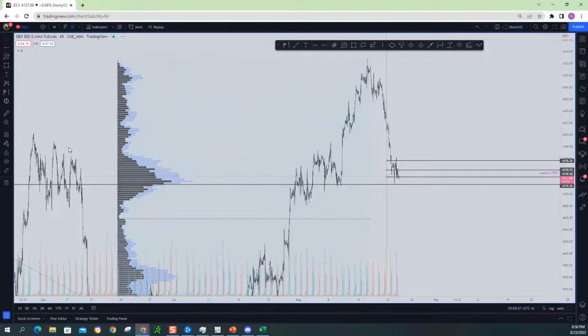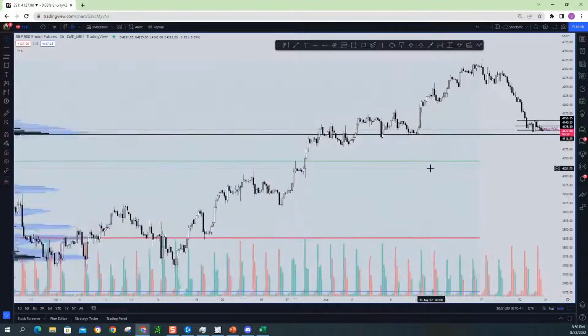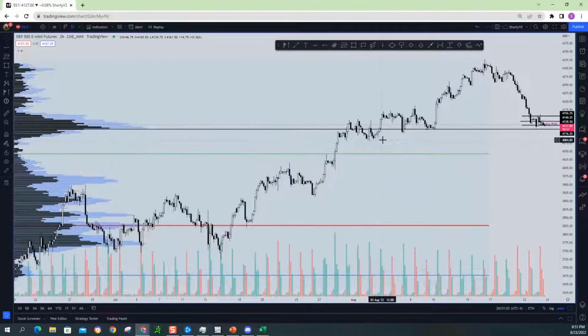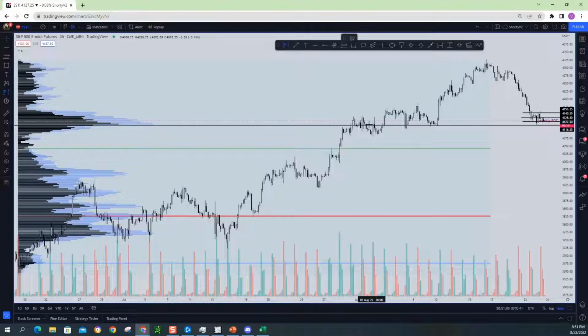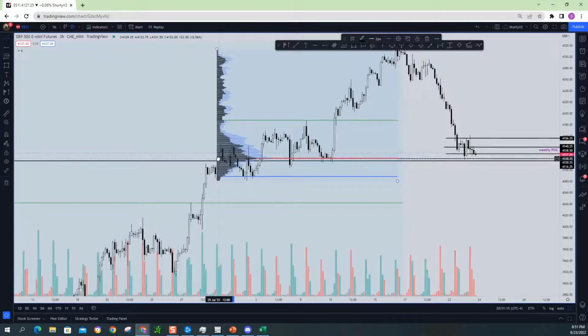Sorry guys, frustrating when it doesn't want to work. All right, so there's our 41.22. This is the level that we were after here.